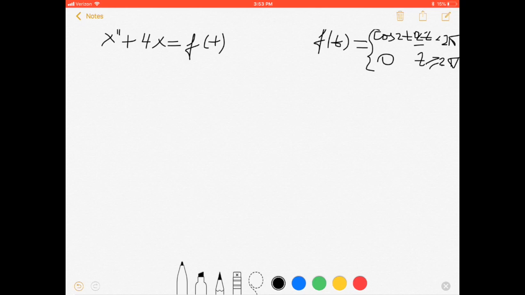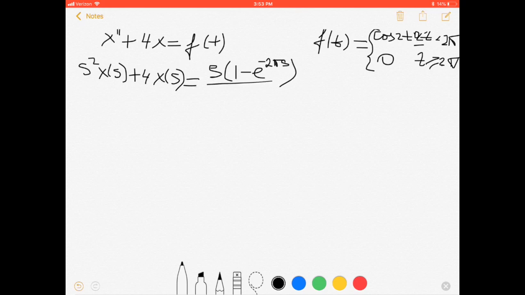We have s squared X(s) plus 4 X(s) equals s times 1 minus e to the negative 2 pi s over s squared plus 4.